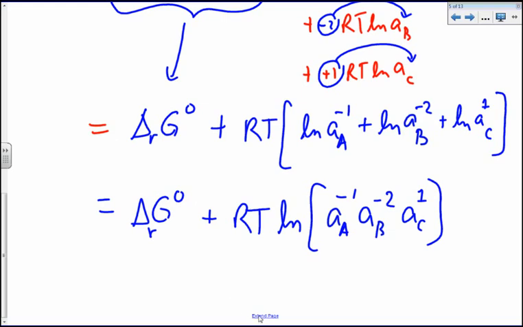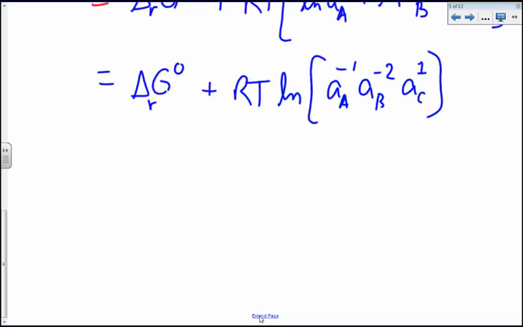You can see activities of reactants are raised to the negative power, and activities of products are raised to the positive power. So this gives us delta G naught plus RT natural log.